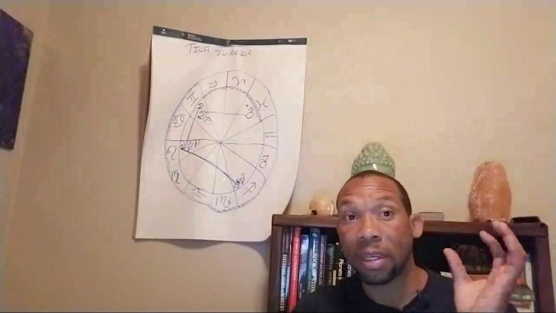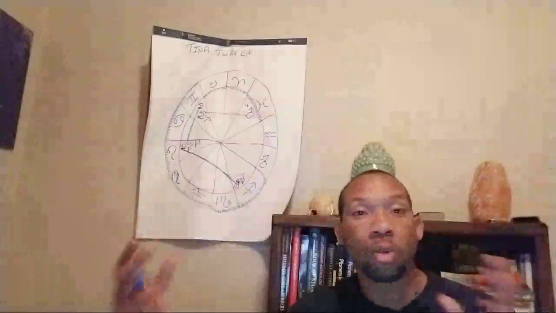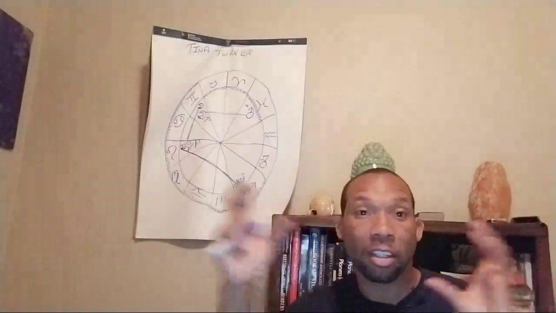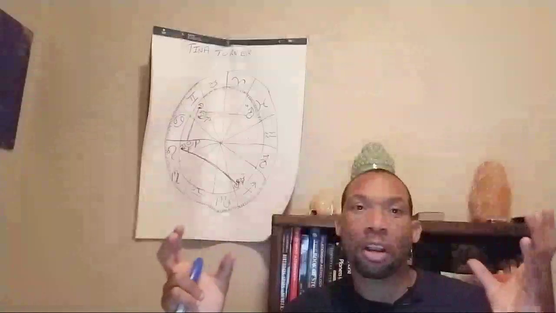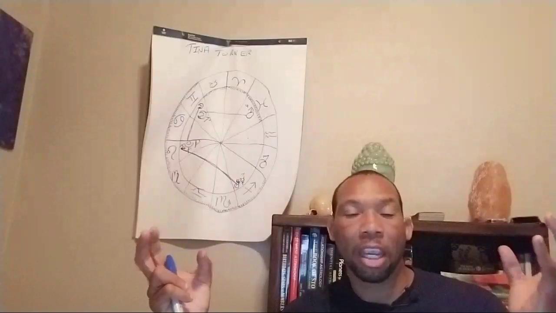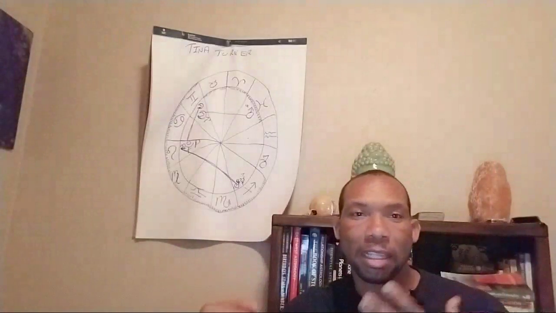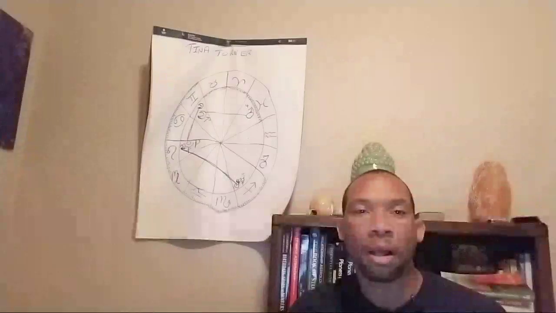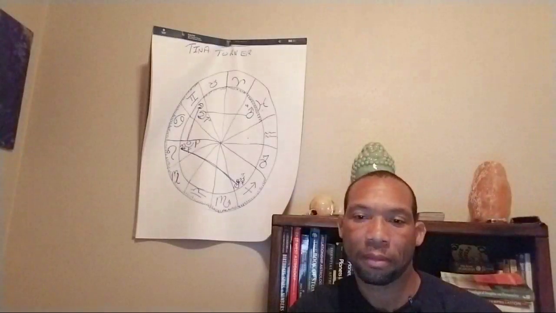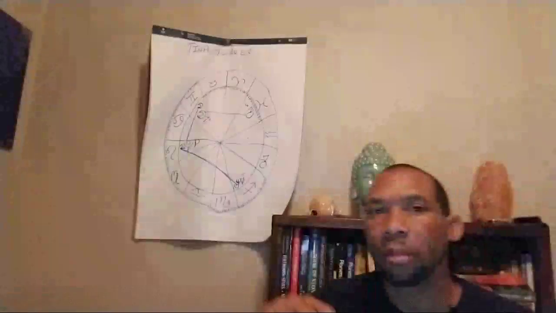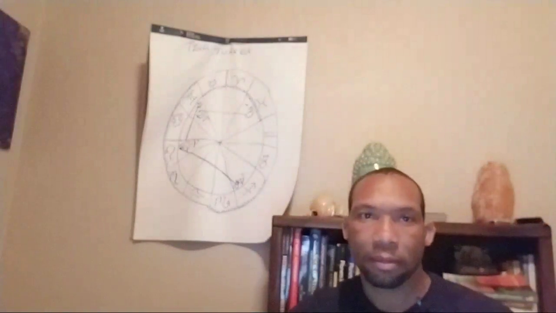So the moon representing the home and Mars representing conflict, in square to each other, brought a lot of conflict in her home, unless channeled in a more positive light. That's the square.